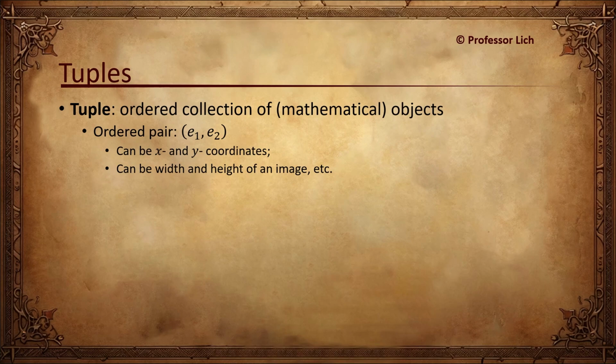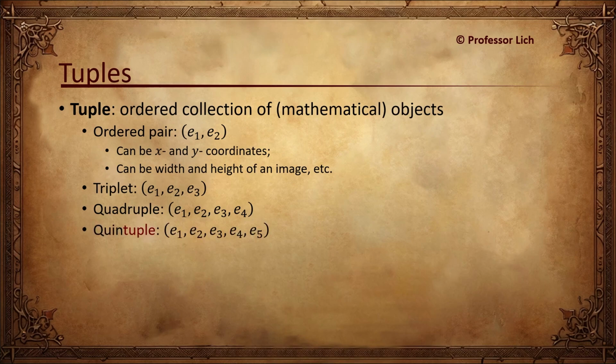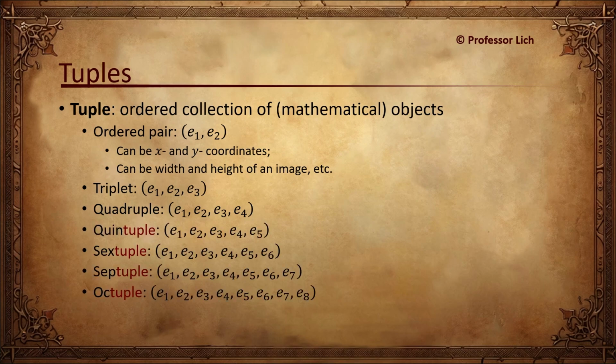And the same can be said for a triplet. If you're a digital artist, think of these as the R, G, and B channels of an image. If you add an alpha channel to it, you get a quadruple. Then you have a quintuple, a sextuple, septuple, octuple, and so on and so forth. What happens when a mathematician runs out of words of Latin or Greek origin?